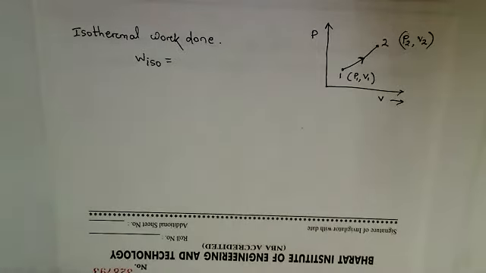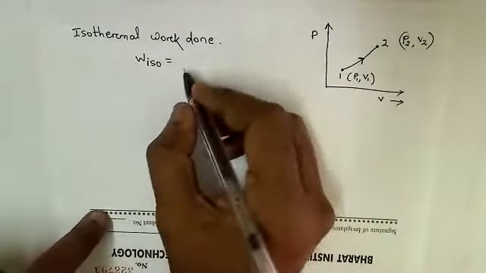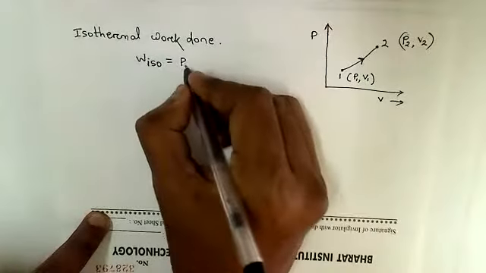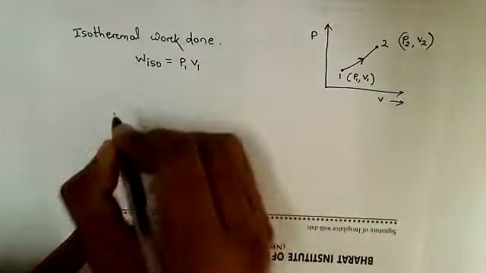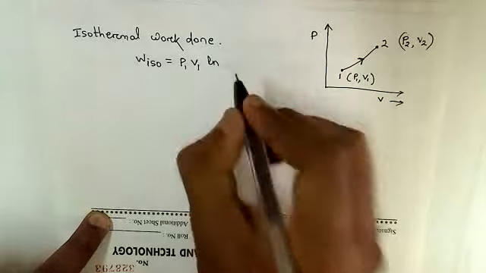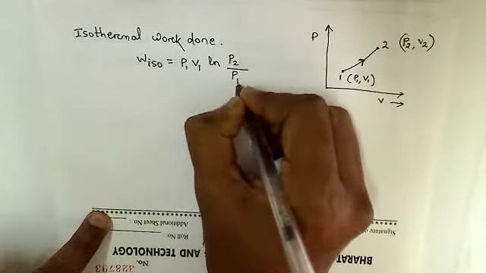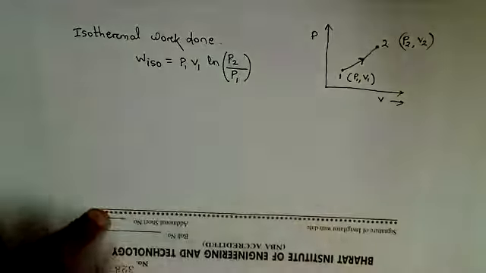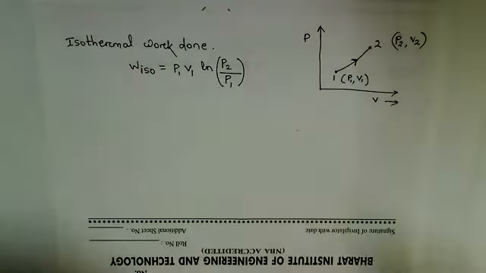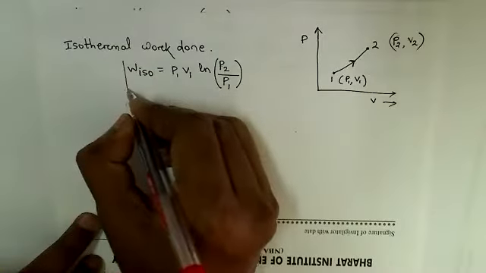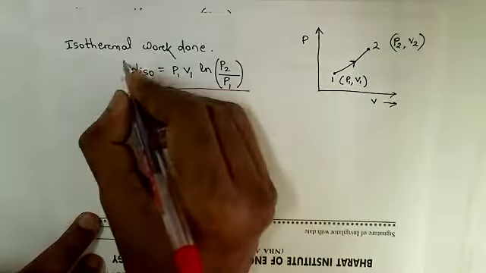Different formulas are there. So for isothermal work done, what is the formula? Can anybody remember? No. So for isothermal work done, the formula is P1 V1 ln(P2/P1). This is the formula to calculate isothermal work done.